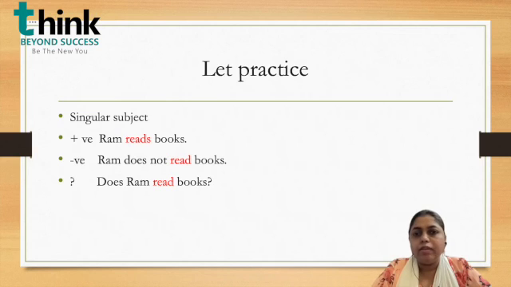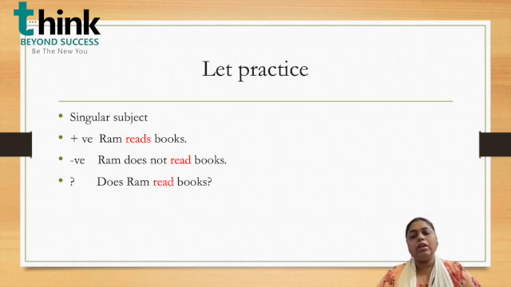Let's practice with a singular subject. Ram reads book. Ram does not read book. Here in the negative statement, read remains read; we are not adding s or es. In the positive statement along with read I have added s, whereas in the negative statement I have not added s. Why?